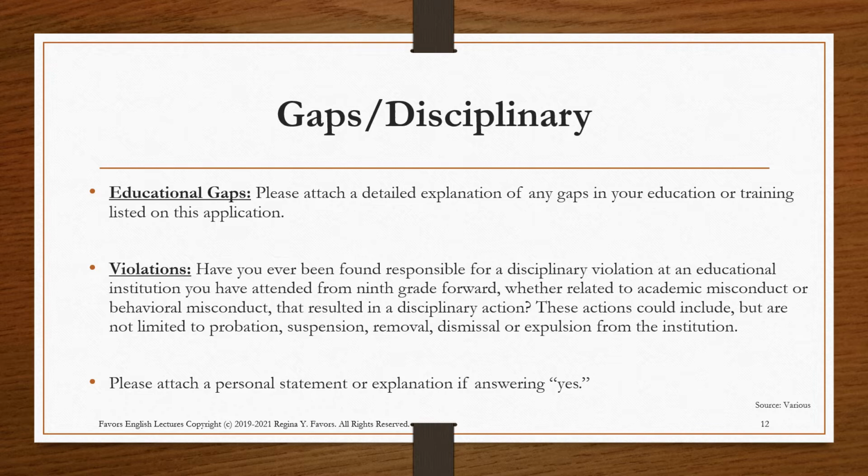And it can only be incomplete for so long, to the point that the admissions committee decide to put your application on hold until you do. And if you don't by a certain date, they could deny your application. So educational gaps and violations are very important to consider when you are going through your application.